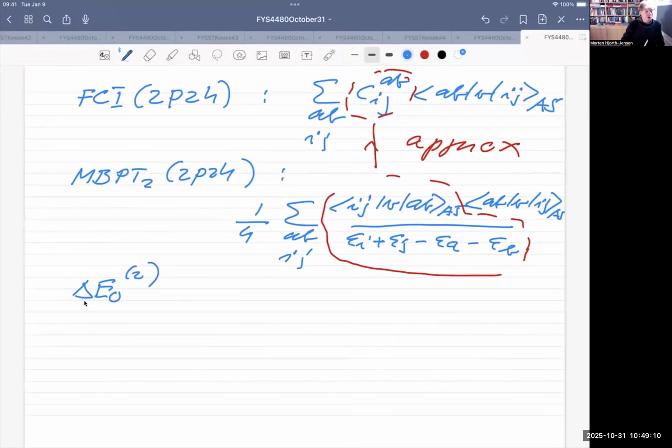We know the non-interacting single-particle energies. We presumably know how to calculate the integrals. So this could be set up in the form of a table, or alternatively, we could have a program which calculates these integrals on the fly. And this is pretty common in quantum chemistry.